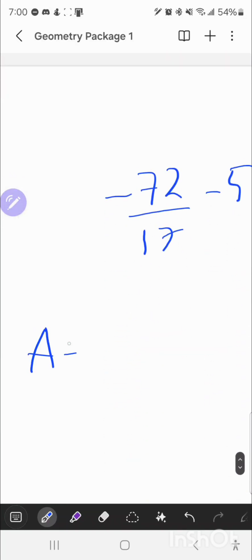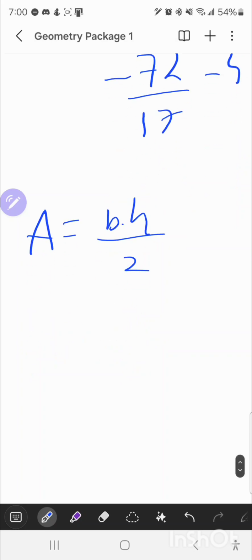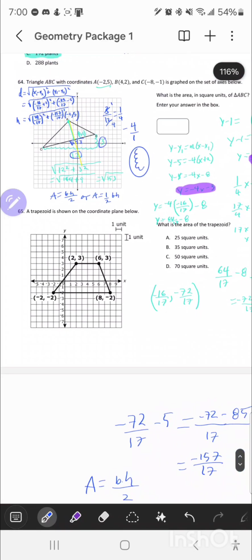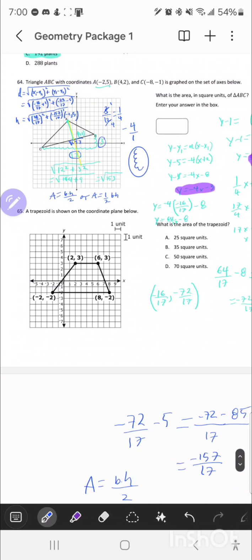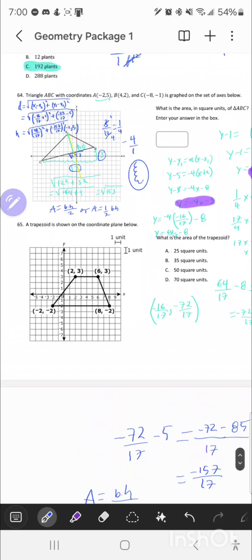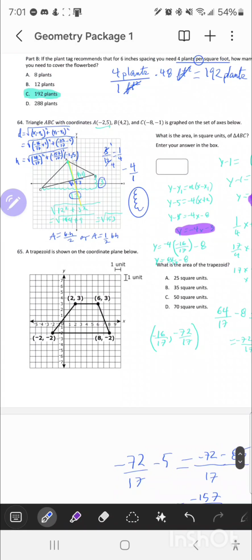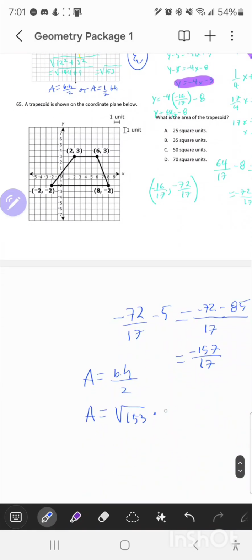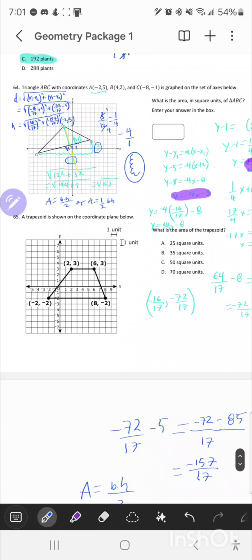I know that the area is base times height over 2. My base was the square root of 153. So 153. Now I have my height. My height will be all of that, so I'm going to plug in all of that.